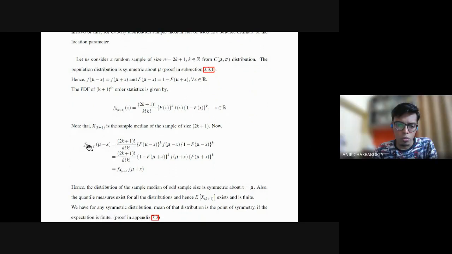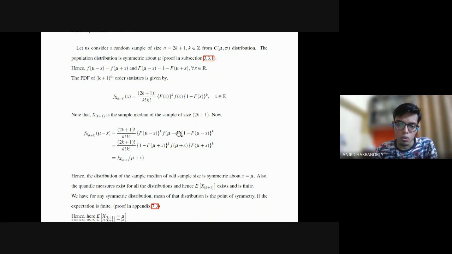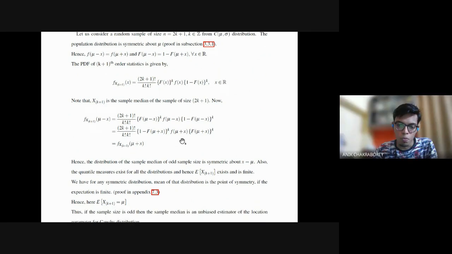So the distribution of the median is symmetric about x equal to mu. I have used one property here: for any symmetric distribution, if the mean exists, that is the point of symmetry. So beautiful.